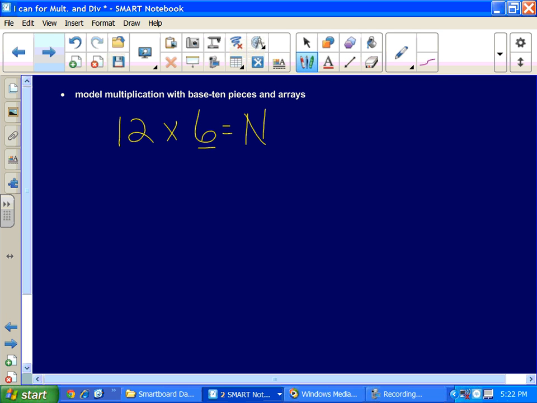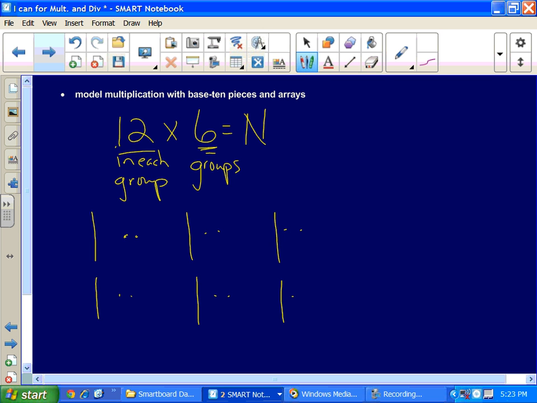So if I'm going to do 6 groups of 12, 12 in each group. Okay, so how would I model 12? Of course, we all know that. That's a skinny and 2 ones. So that's 1 group of 12, 2 groups of 12, 3 groups of 12, 4 groups of 12, 5 groups of 12, 6 groups of 12.